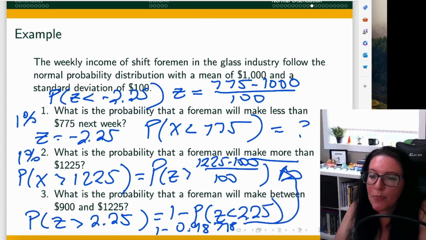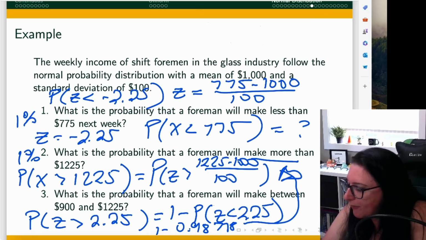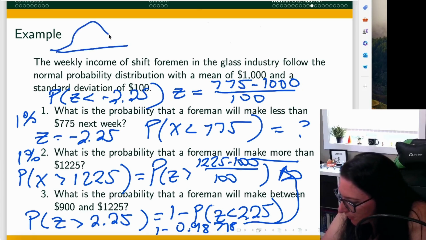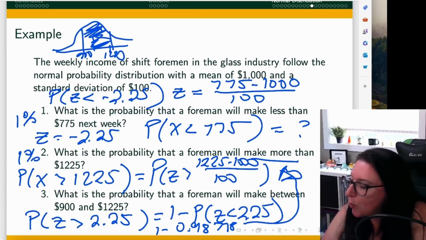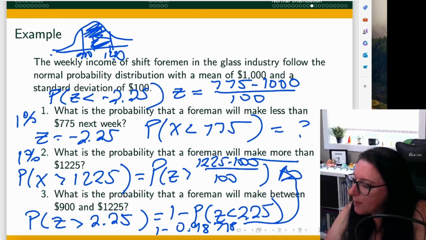What if we want the probability that a foreman will make between 900 and 1225? So if we're looking at this on the distribution, if this is 900 and this is 1225, you're wanting this area that's in between. In order to do that, remember that our table shows everything to the left. So if we find the probability that you're less than 1225, that's everything this way. And if we find the probability that you're less than 900, that's everything to the left here.